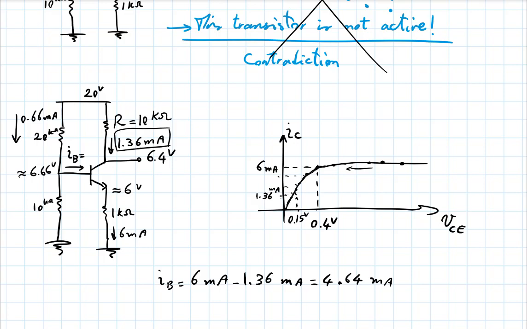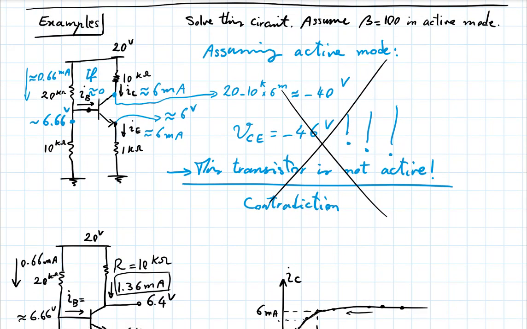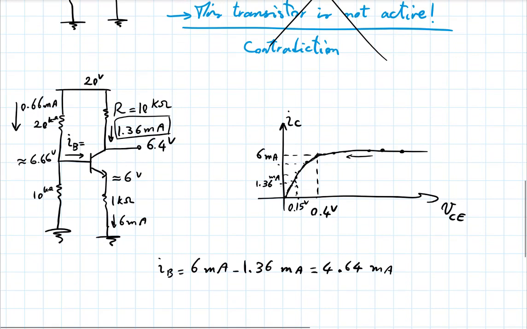Like we said before, and look at that keyword that I slipped in there: beta is 100 if you're in the active mode. Once you get into saturation, even though increasing the resistor R to first degree doesn't have an effect on the emitter current, we saw that it could surely affect the collector current.